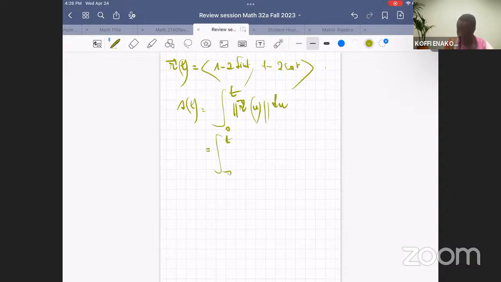So the integral from 0 to t with minus 2 cosine of t, like that. We want to look for the norm.